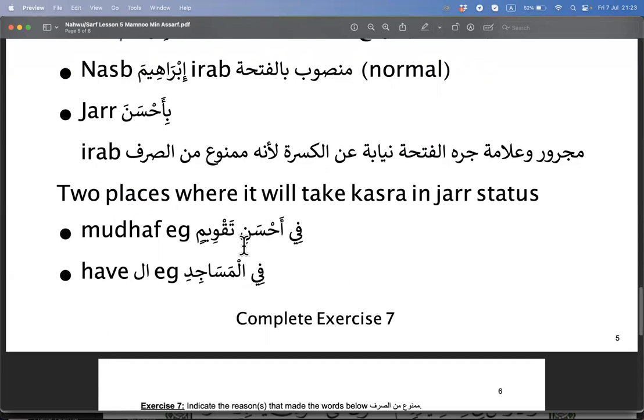Same word ahsana, but here ahsani because this is a mudaf. And next, if you have al, so fil-masajidi, you have al, you can take kasrah. Never tanwin, so this one is still not ahsanin, never tanwin, kasrah only. But when it's a mudaf or when it has al. Clear?